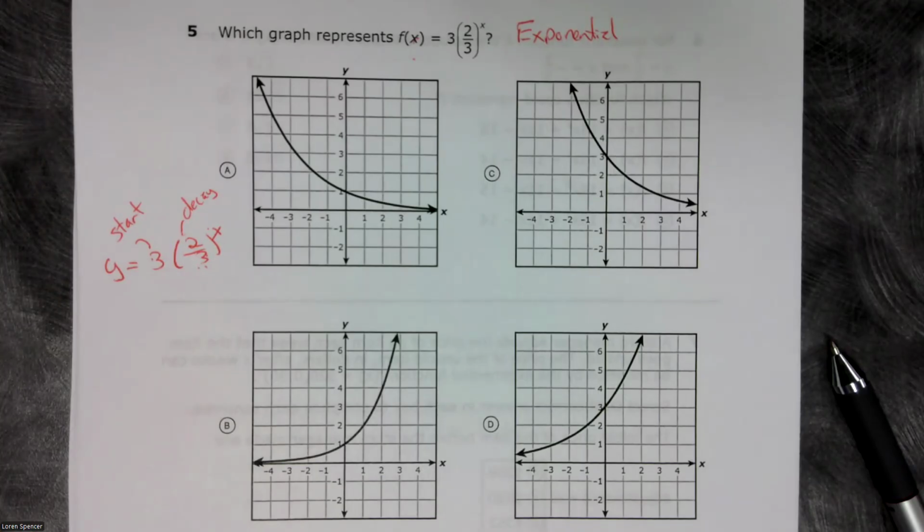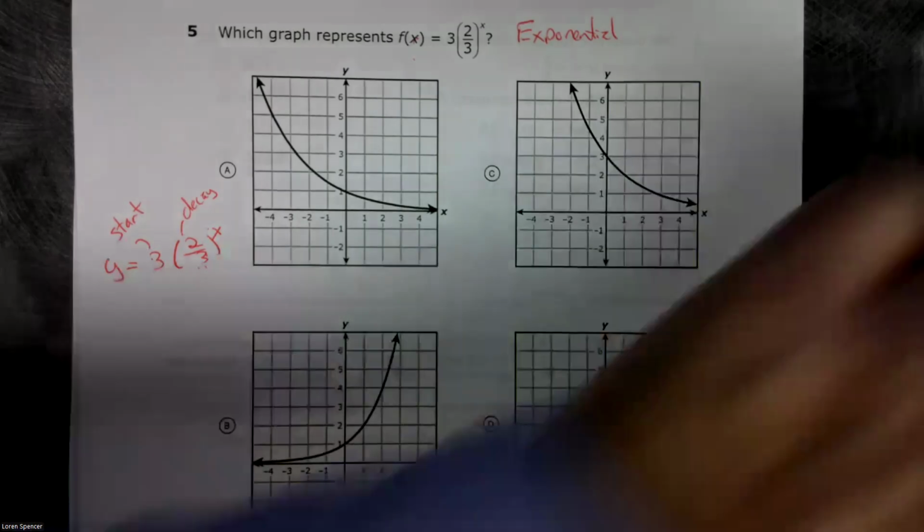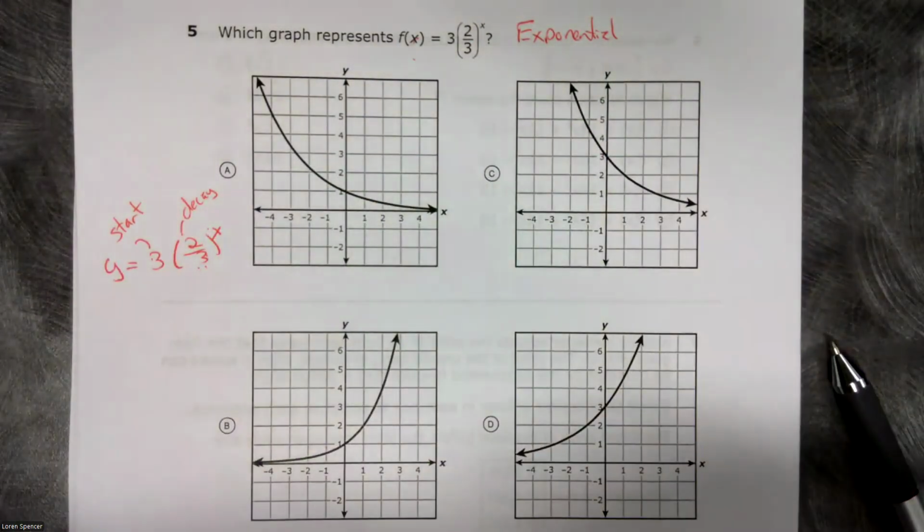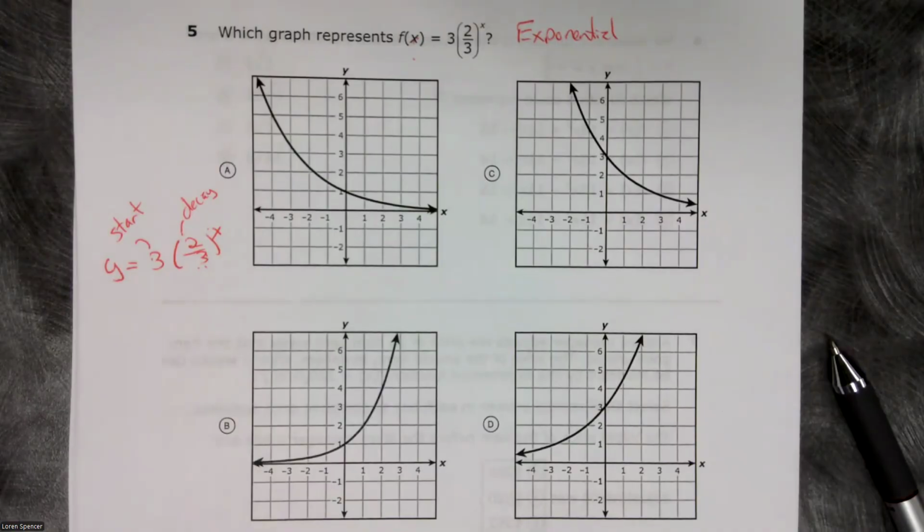So here we go. Clear out the previous problem. And we have y equals 3 parenthesis 2 divided by 3. Oops. Wow, I'm messing all that up. That looks horrible.